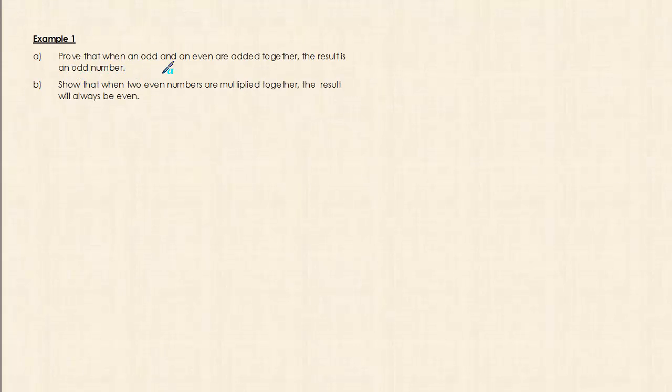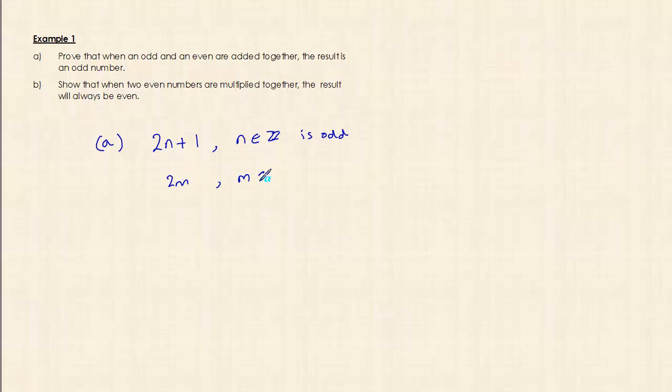Prove that when an odd and an even are added together, the result is an odd number. So let's define our odd. 2n plus 1, where n is an integer, is odd. We know that 2n would be even, adding 1 gives us an odd. 2m, where m is an integer, is even.